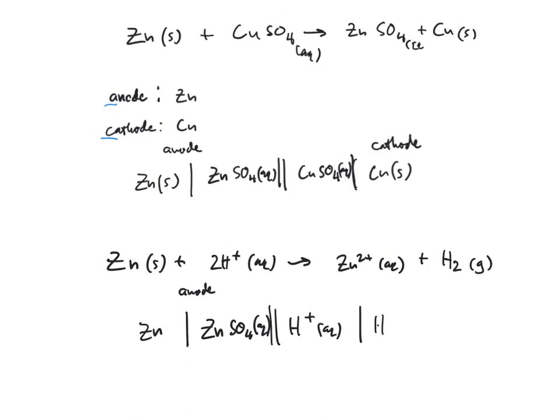And then we have the H2 gas right next to that. And then it's convention to make another bar and put the substance that the terminal is composed of beyond that last bar. So let's say that it is a solid platinum terminal, which is what is used in the reference cell. That is how you would write this nomenclature for terminals that are not made of the metal actually reacting.